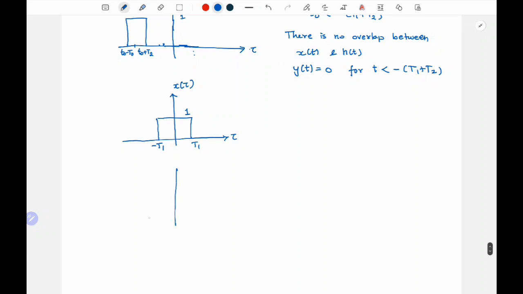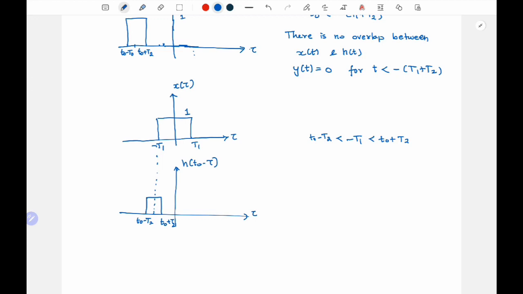And h of t naught minus tau, so what we say is that we have t naught plus t2 and t naught minus t2. So this minus t1 is actually between t naught minus t2 and t naught plus t2. Okay. So in that case, you can see there is some overlap.